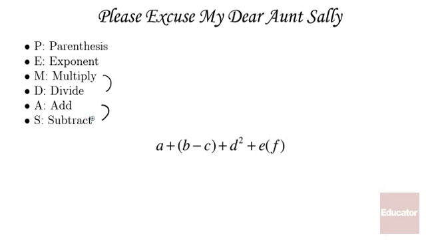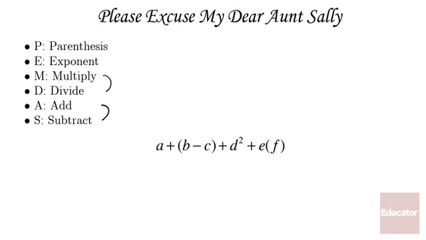Okay? So now we just went over variables, so I have some variables here to help us with the order of operations. A plus, in parentheses, B minus C, plus D squared, plus E times F. So first thing we have to do is parentheses.